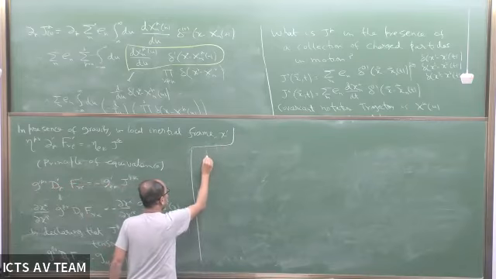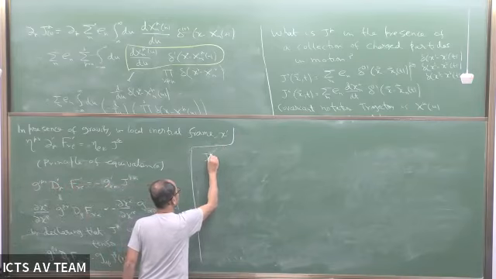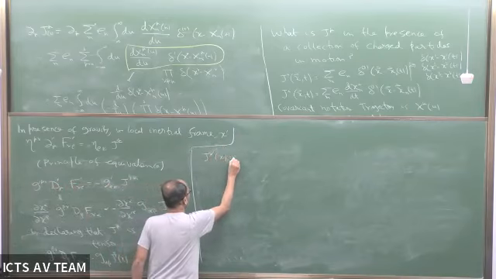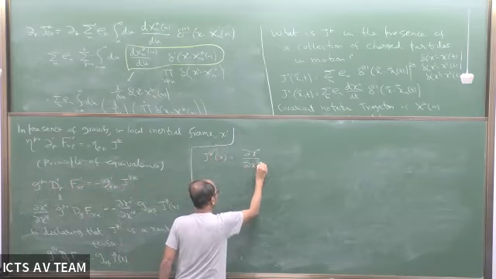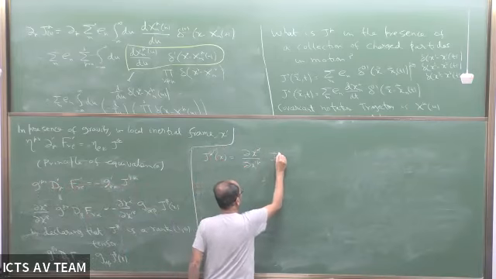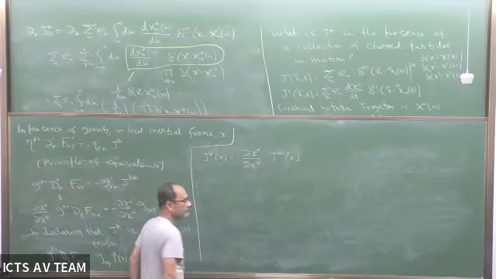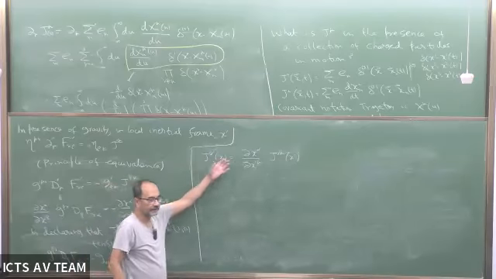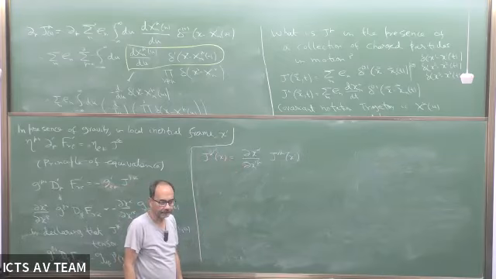So from this, we know that J^alpha(x) will be given by the following, because that's how you have declared J should be. J transforms as a rank 1, 0 tensor.